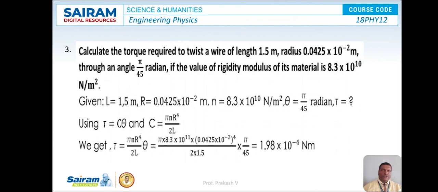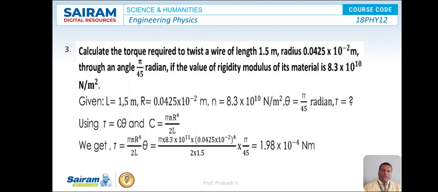So what is the torque produced, that is T equal to how much? We know the equation for torque, T is equal to C theta, where C is pi n r to the power of 4 by 2L. That is the couple per unit twist, and we get T as pi n r to the power of 4 by 2L into theta.